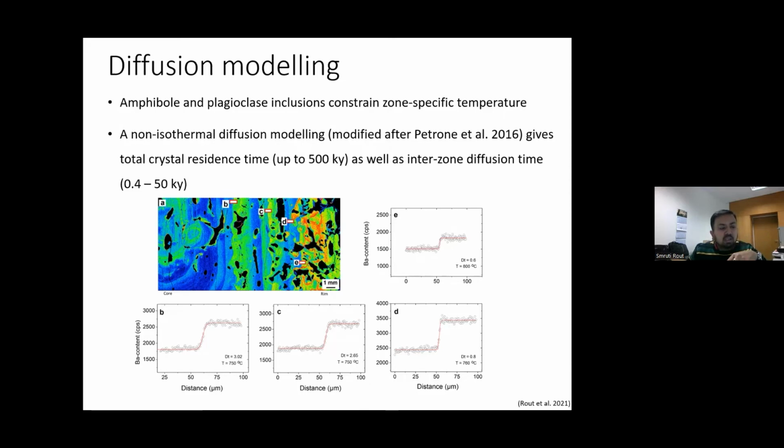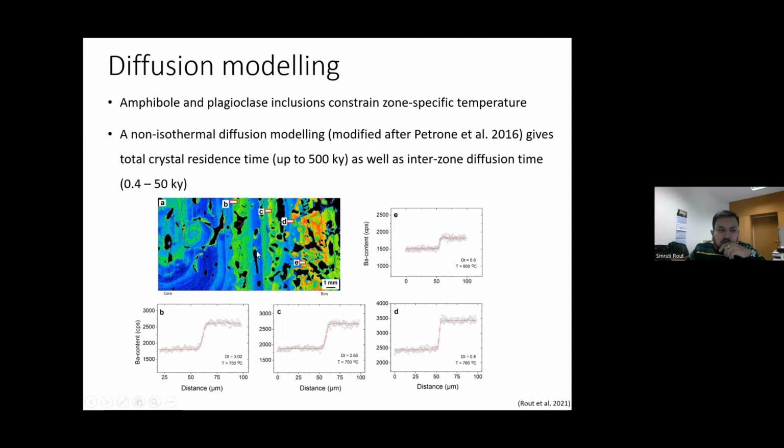And we used a non-isothermal diffusion model, which is modified from Petrone et al. 2016, which gives not only the total crystal residence time, which goes up to 500 kiloyears, but also the interzone diffusion times, which is the time between the formation of two successive zones.